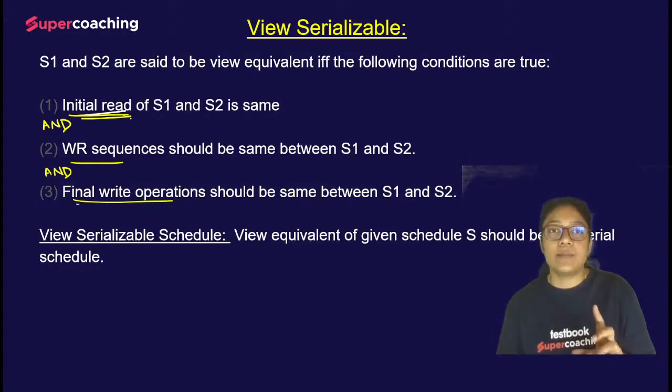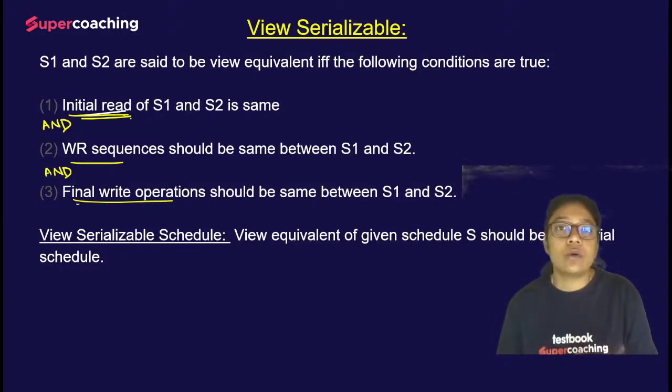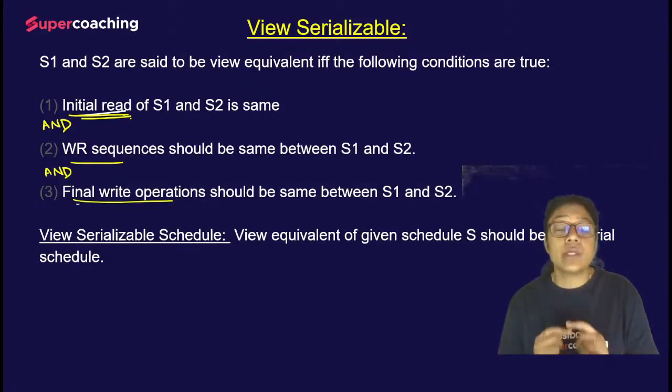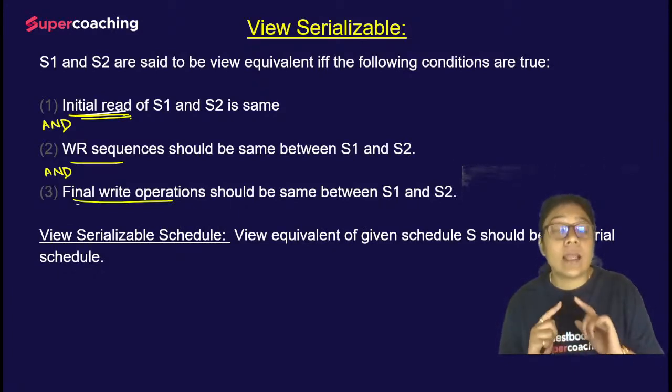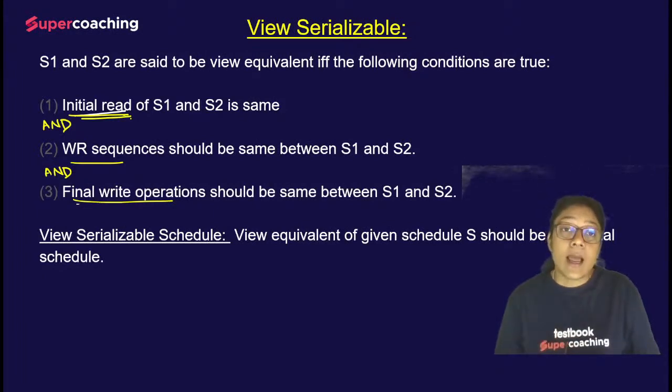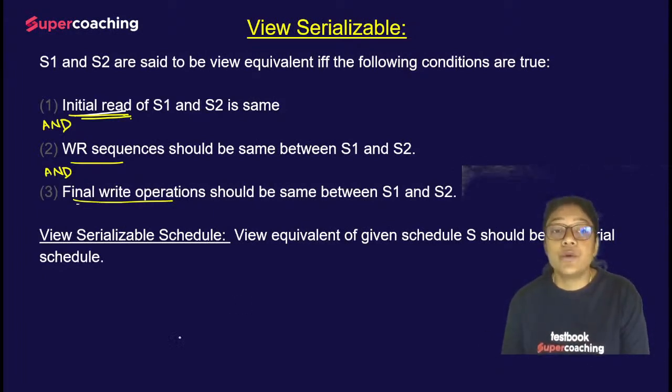If any schedule is conflict serializable, surely it is serializable. But अगर कोई schedule conflict serializable नहीं है, then we cannot say it is not serializable. You getting my point? So for that, we are going for the view serializability.